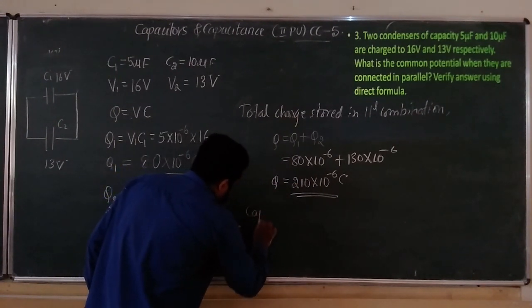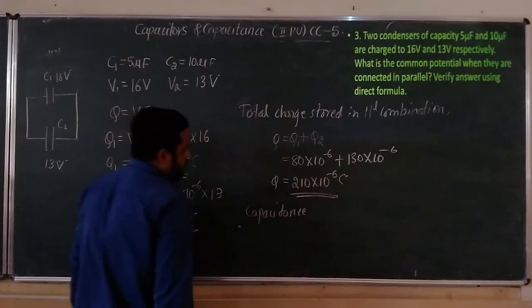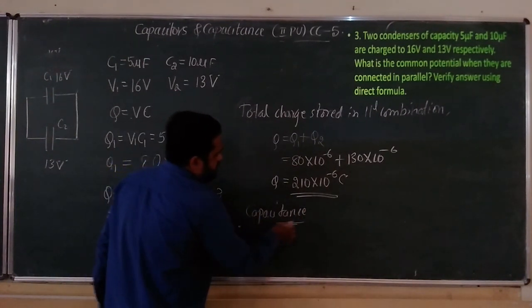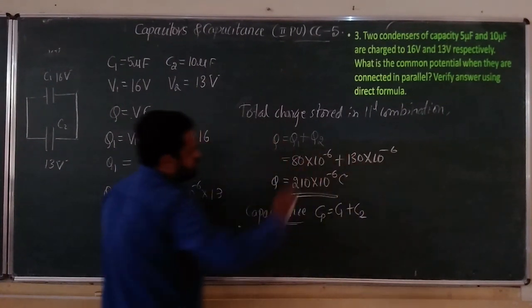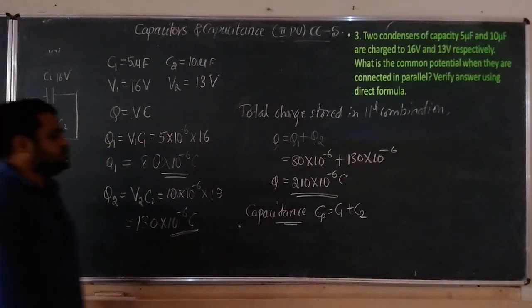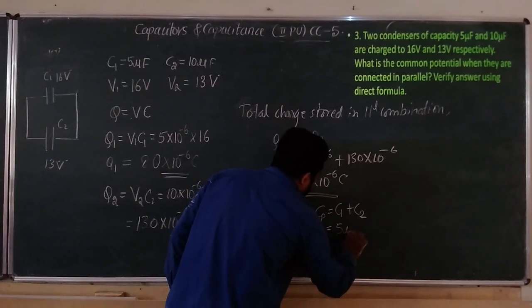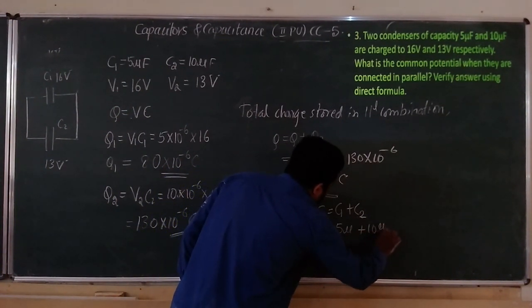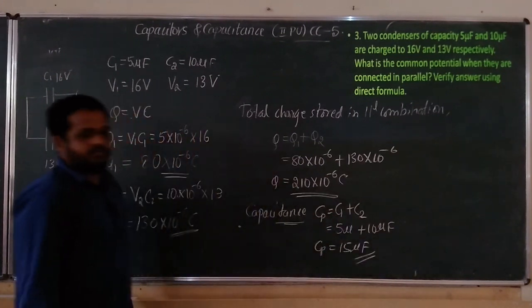Now, when these two are connected in parallel, the total capacitance of the parallel combination is C1 plus C2. So Cp is equal to C1 plus C2, which is 5 microfarad plus 10 microfarad, total 15 microfarad.